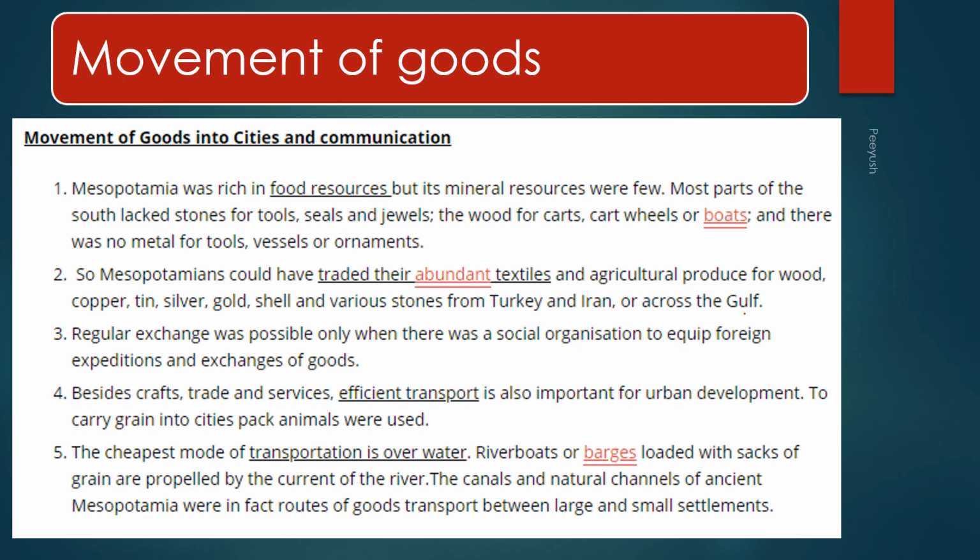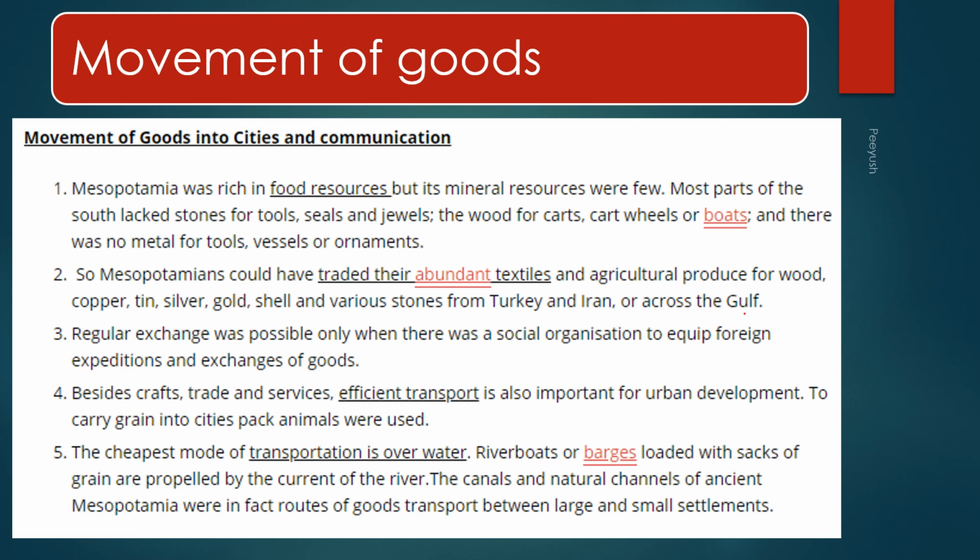To carry grain into cities, pack animals were used. The cheapest mode of transportation is over water. I mean, through sails, ships, and boats, goods were transported, and that was the cheapest mode. Riverboats or barges loaded with sacks of grain are propelled by the current of the river.